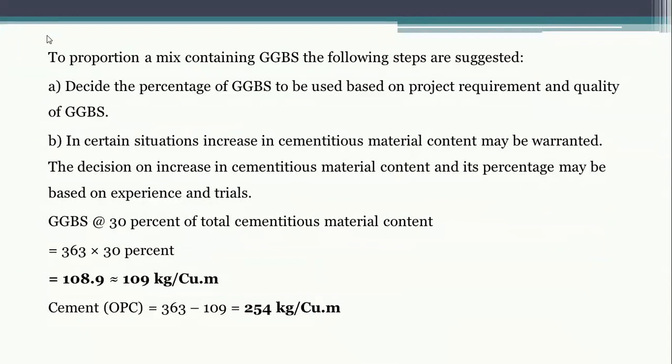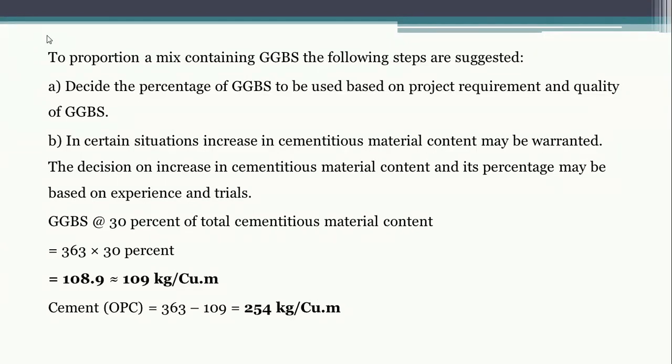Next comes a very important part. In the previous problem, after finding cement content, we went on to find the volume of coarse aggregate. But here we need to find the GGBS value also, because in this problem we have used a mineral admixture as well. Other than the chemical admixture, we have used a mineral admixture, and its type is GGBS, ground granulated blast furnace slag.